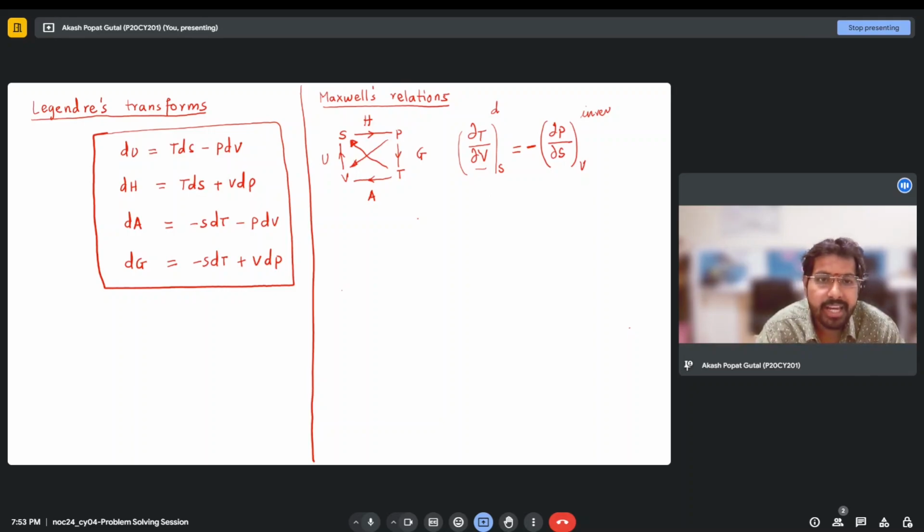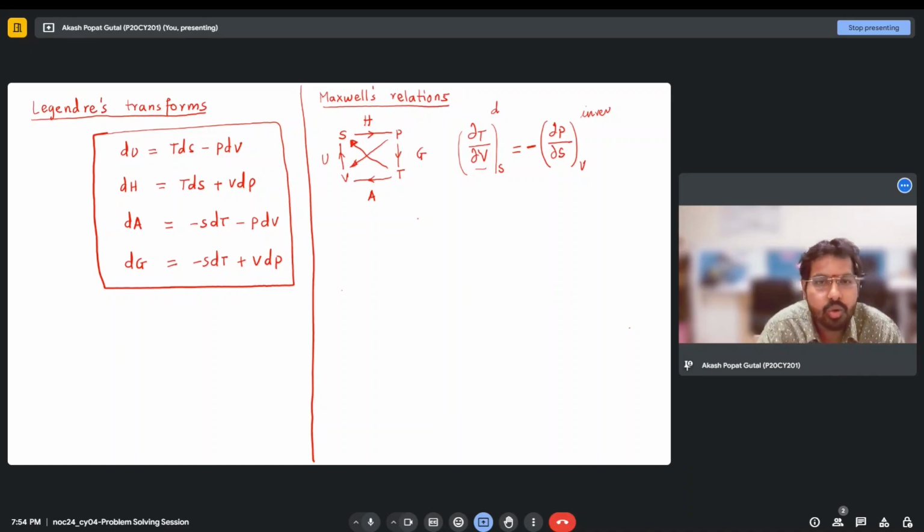To make that negative number positive, because our left hand side is having a positive attribute, we need to introduce this negative sign. So that is the reason why this negative sign appears naturally in this equation.